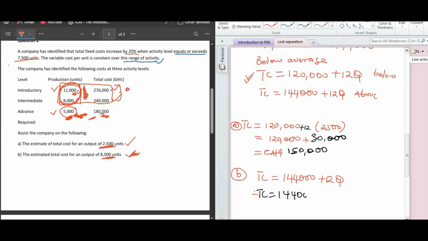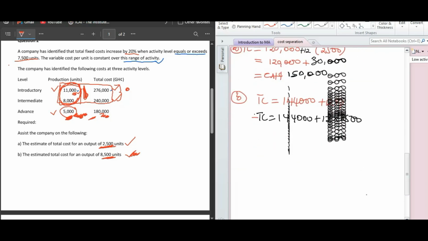So here the total cost will be equal to 144,000 plus 12 times 8,500. And that will be 144,000 plus 12 times 8,500.